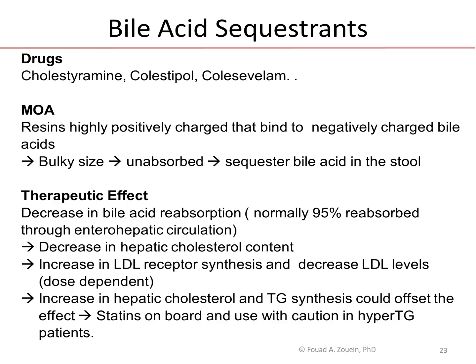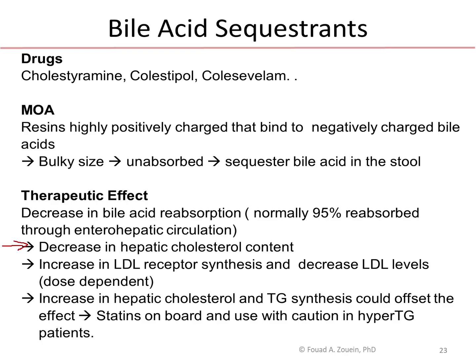We know very well that the enterohepatic circulation allows around 95% of bile acids to be reabsorbed. And what's the major content of bile acids? We have a lot of cholesterol, and our target is to decrease cholesterol, right? So we're going to have a decrease in hepatic cholesterol content once we give these drugs.